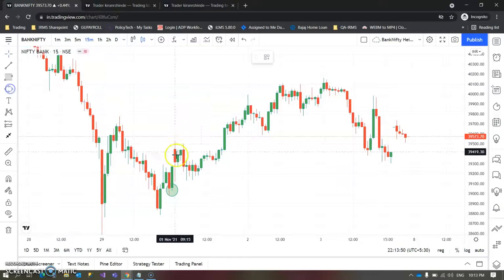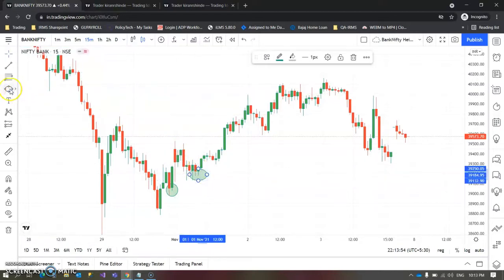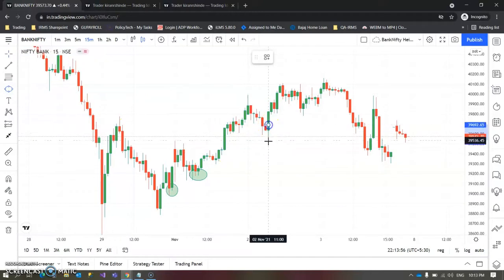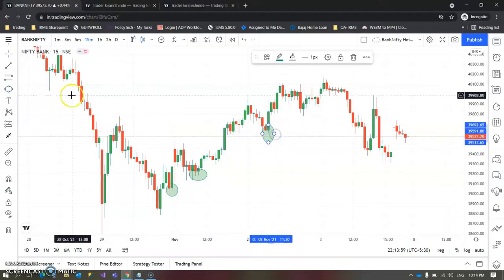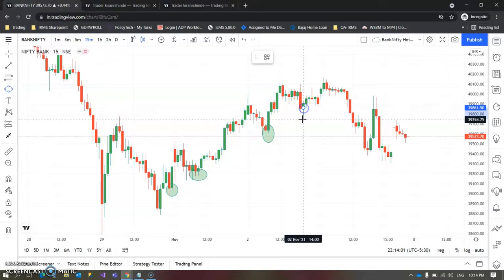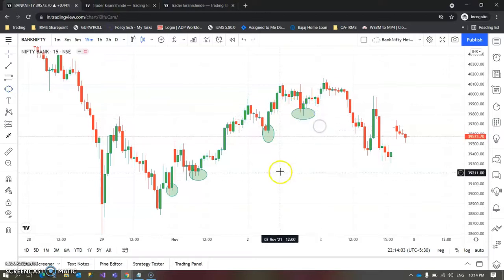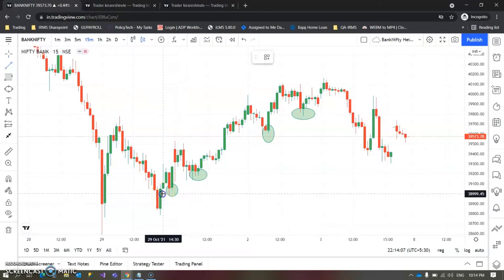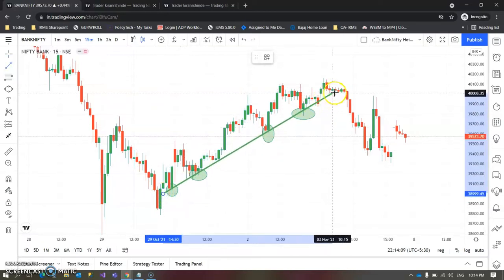Second time it was somewhere here. Third, we can consider this particular low, and so on. So I would try to connect all the lows.